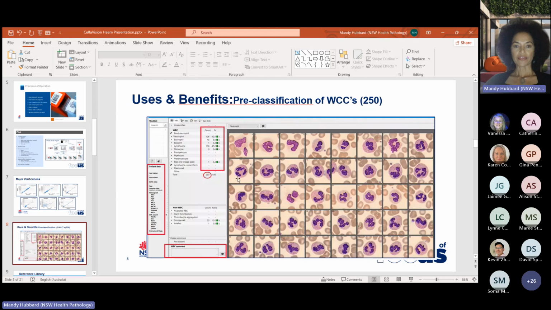The other thing I should mention, which we found quite useful, is that for patients with a really low white cell count, below 1, you can make a couple of slides for that patient and put the same episode number through the scanner a few times. It means you're getting a more accurate white cell differential. CellaVision will then merge those results and give you a more cumulative report.